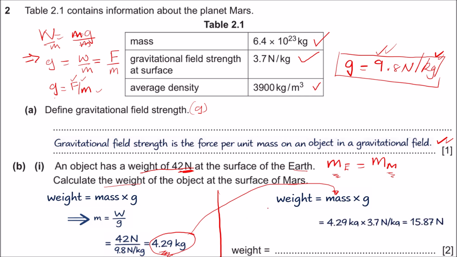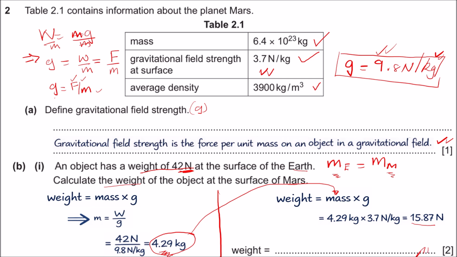So we do our substitution: 4.29 times gravitational field strength of Mars, which is given on the table as 3.7, and we get our 15.87 newtons.